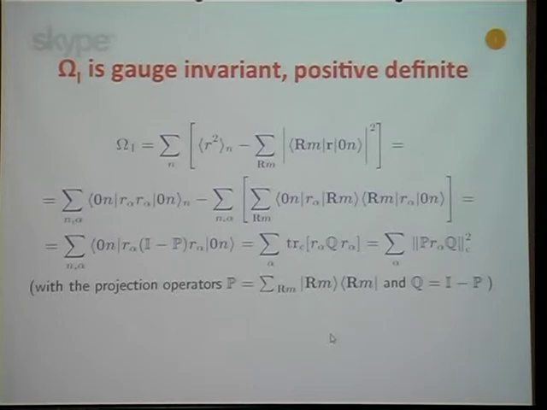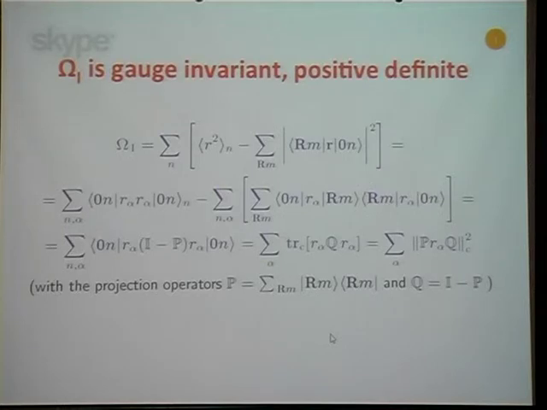Using those projection operators, I can write omega I as a sum over the four Wannier functions in my unit cell of the expectation value of the position operator R in the different X, Y, and Z directions, that is, a sum over all the four Wannier functions of PRQ.